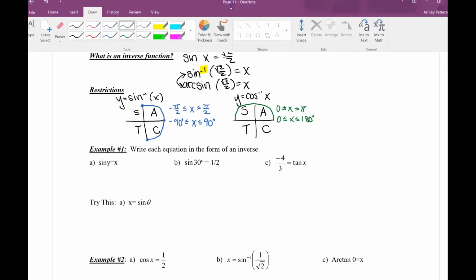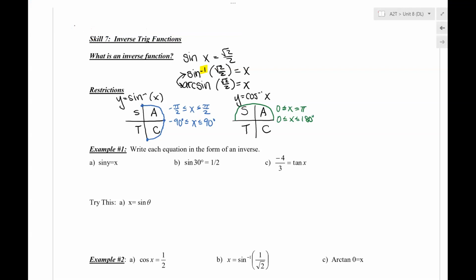And last but certainly not least, we have tangent. Our inverse tangent is going to be restricted. Some of us might think we could go first and second quadrant because realistically it has both the positive and the negative values, right?